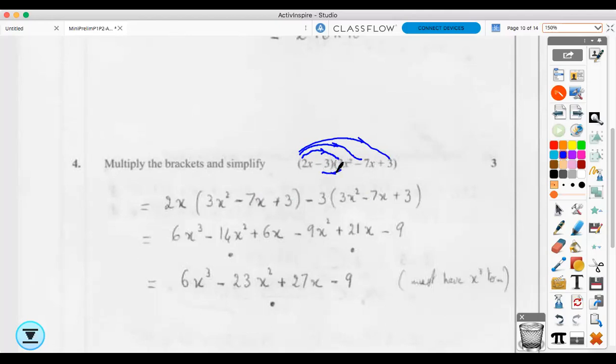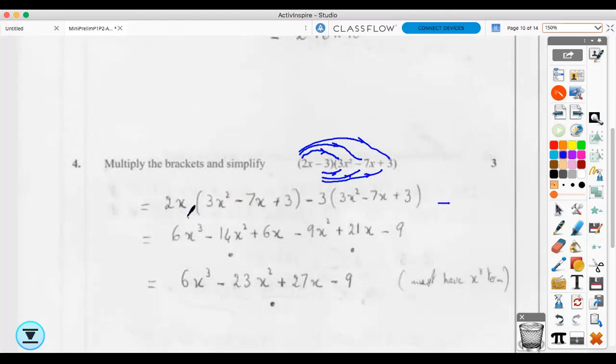You can do that if you want. That is perfectly legal, and if you miss that step, that's okay. The first mark is given for that. But if you think it's easier for you to write 2x times this, -3 times this, then feel free, write that down as your step.